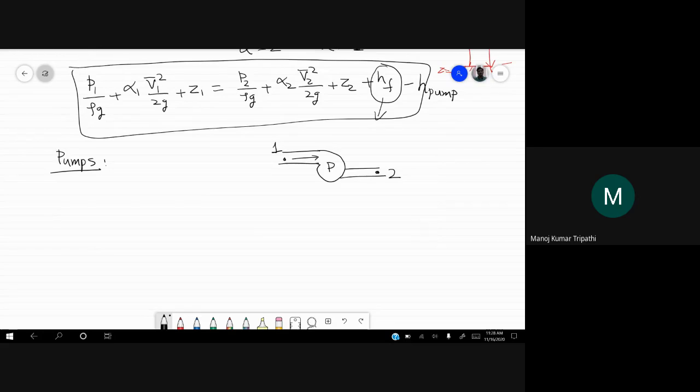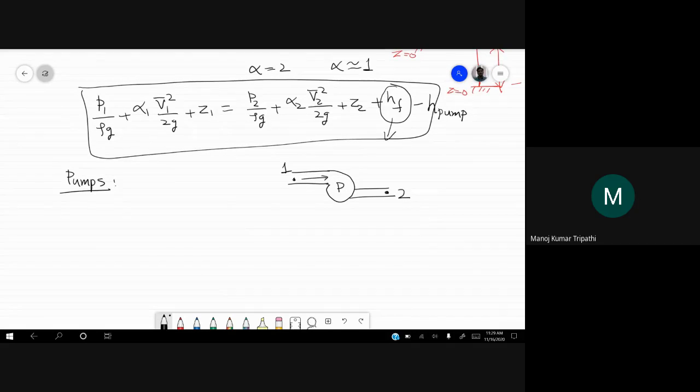Okay, so the pump is doing some work on the fluid. It is adding some energy to the fluid. So you have to subtract this H pump from the second side or add it to the first side. That gives you a modified Bernoulli equation for a pipe with a pump attached to it.